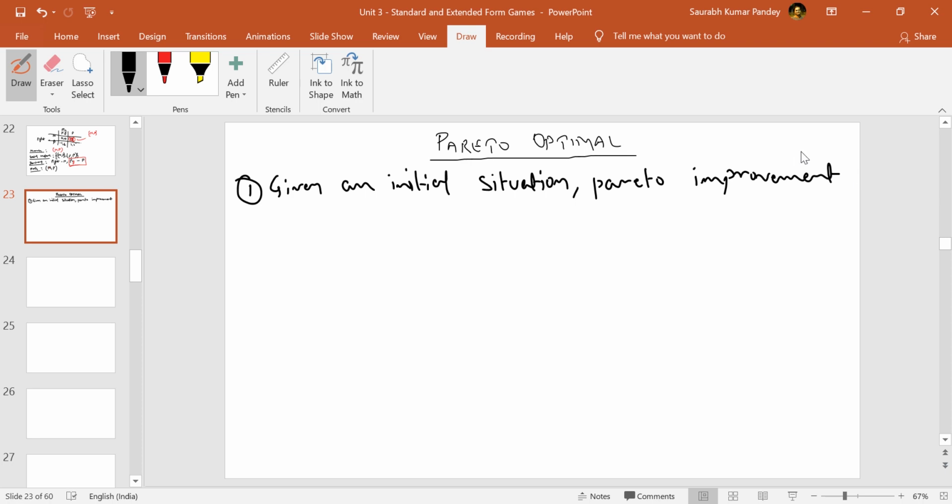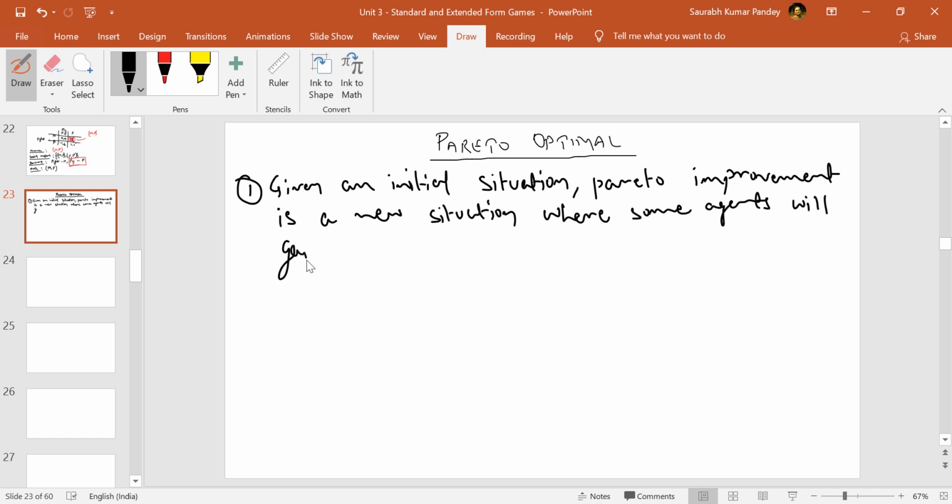Pareto improvement is a new situation that is different from the initial situation, where some agents will gain and no agents will lose. Are you understanding?